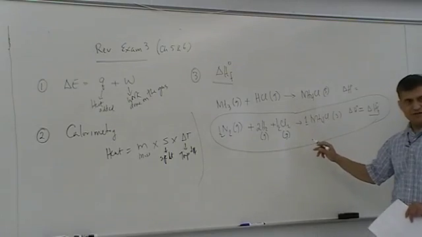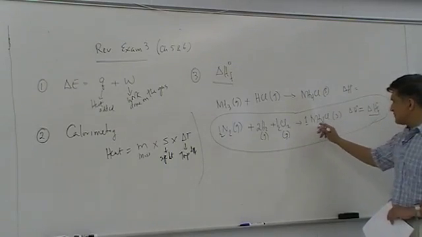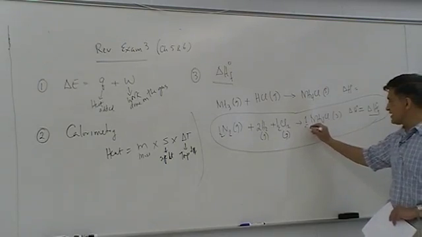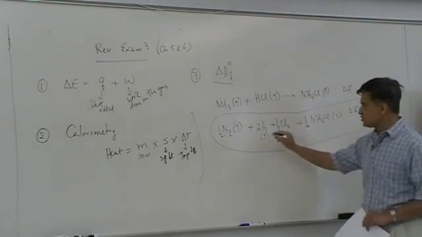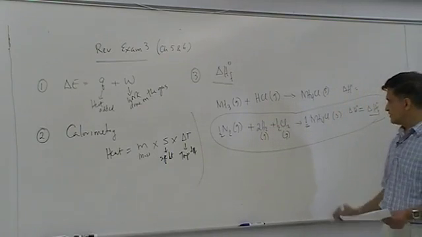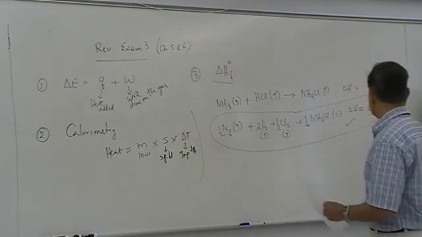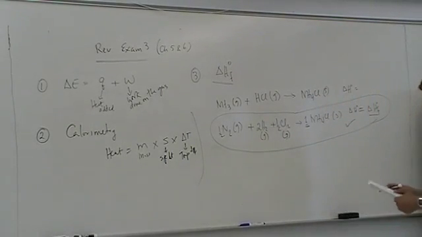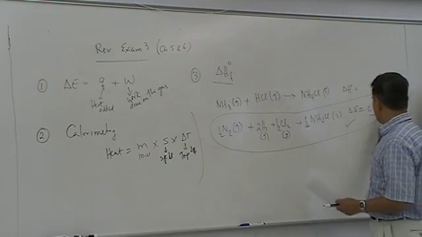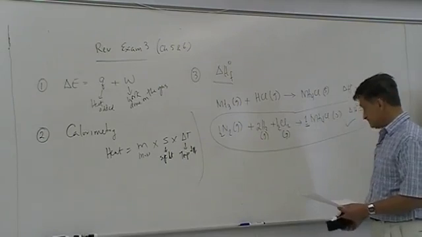If you look at the definition again, it's the heat of reaction involving formation of 1 mole of a compound from its constituent elements. These are the constituent elements under standard state. So that only identifies this equation as the heat of formation reaction, and the value we get for this would be the heat of formation for ammonium chloride.